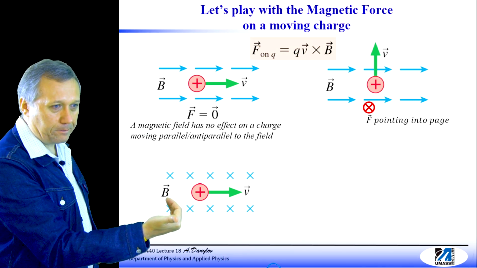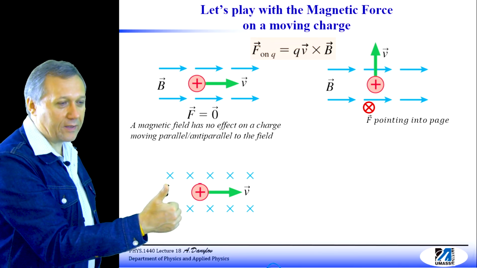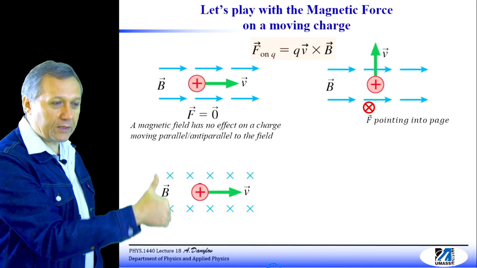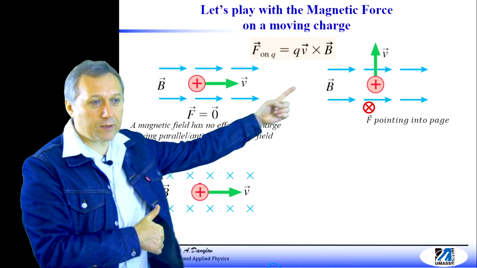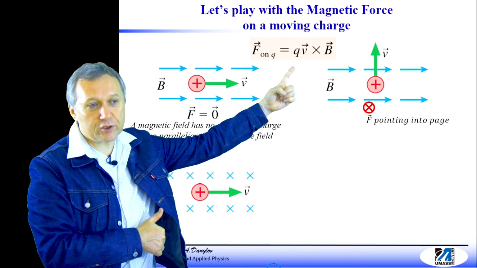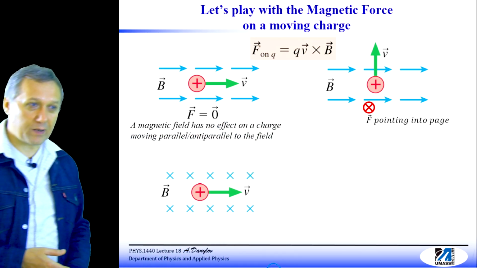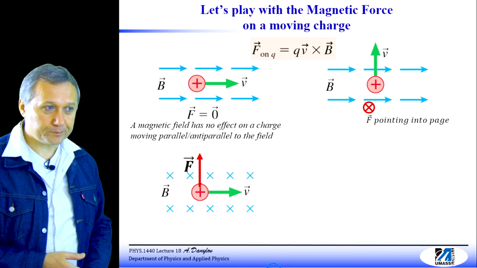So you see, that's now the correct position of my hand in order to find the correct direction of the cross product V cross B. So my thumb gives me the upward direction, right? So that's the direction of the cross product, and since the charge is positive, that's the correct direction for the magnetic force. So in this case it is up.